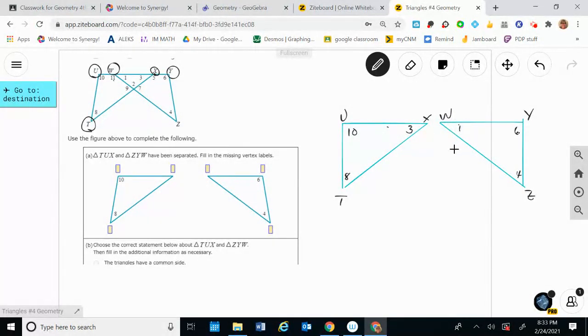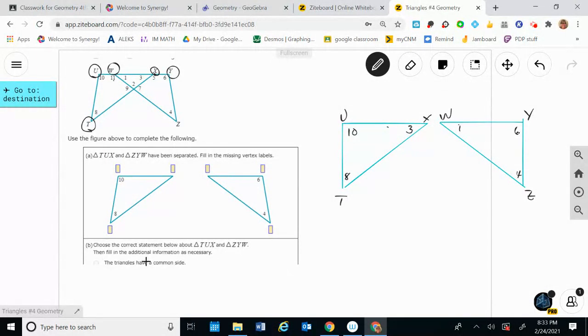That's what you want. So you can see that 11 and 9 are marking angles, but they're not important to this problem. Okay, so it says fill in the missing vertex labels. So here you would put T, U, X, and here you put W, Y, Z.